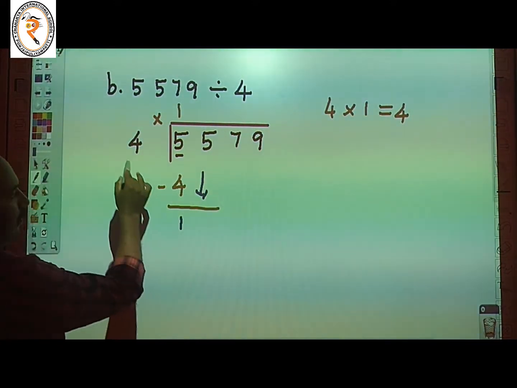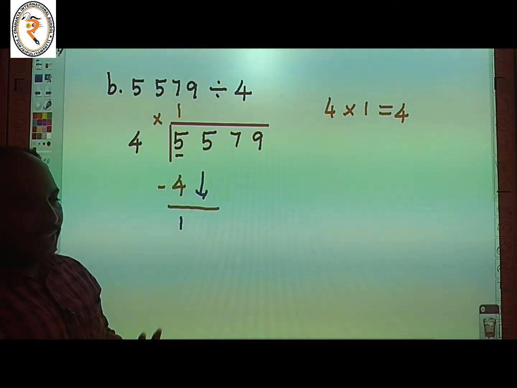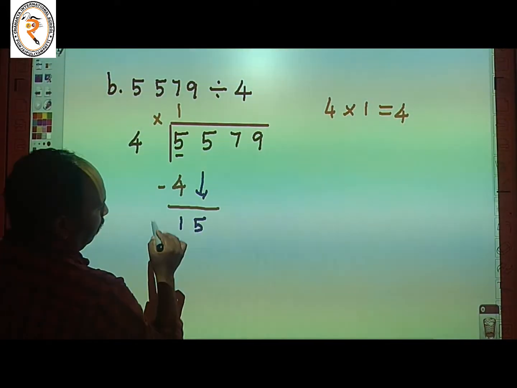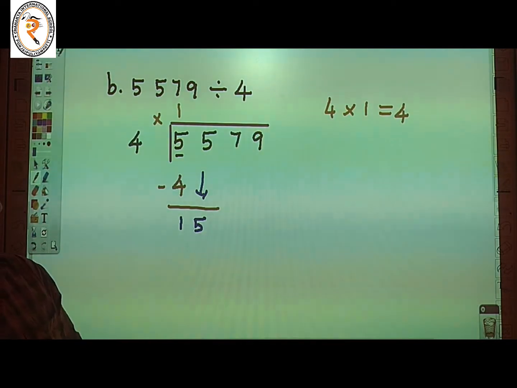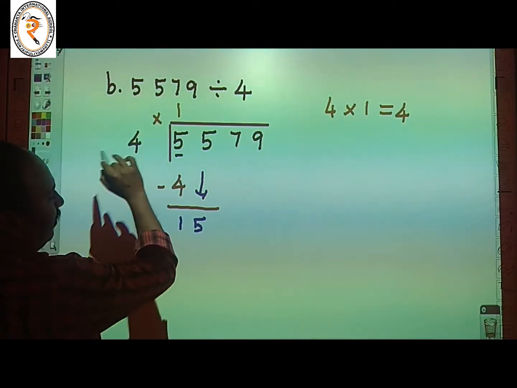1 does not divide by 4. So we go to the hundreds place, 500 having, bring down the number 5. So the new dividend is 15. 15 divided by 4.